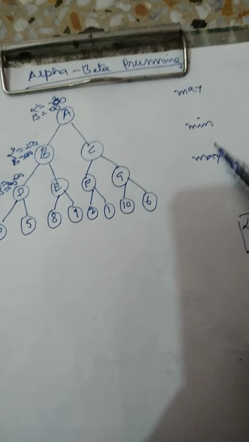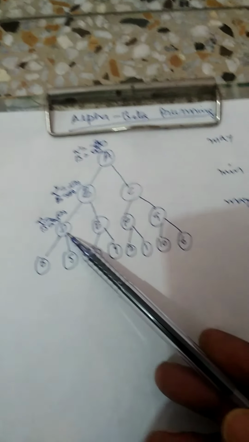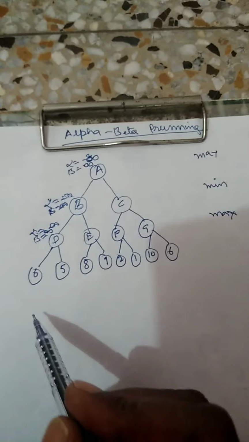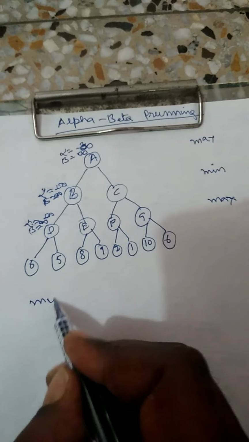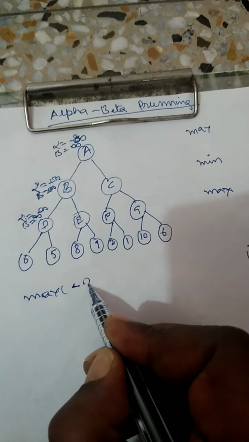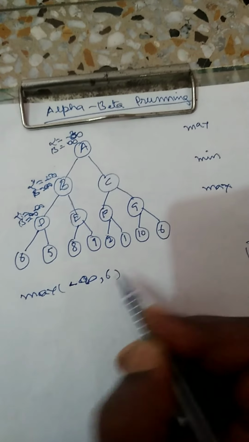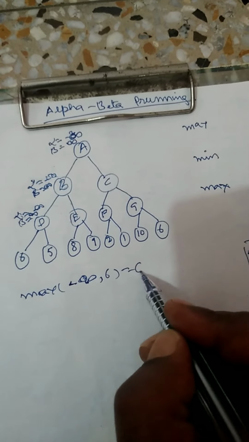We will take the max value. Max means alpha; we will take care of alpha. So which is greater? Max of the alpha value minus infinity and 6 is 6.